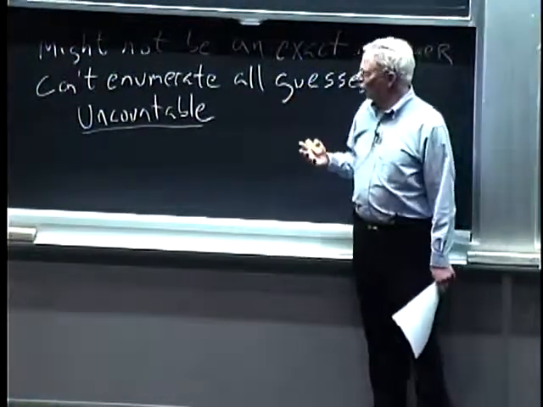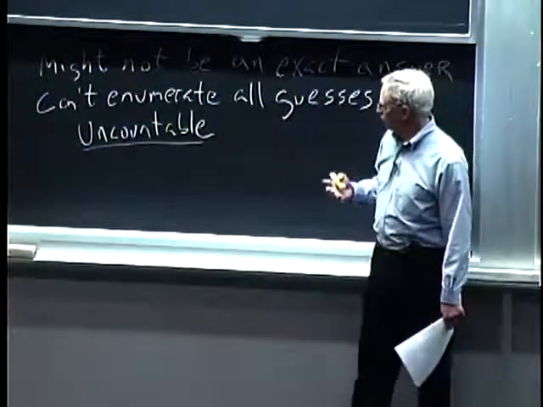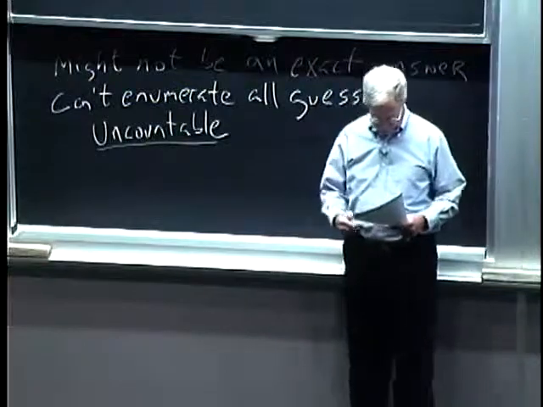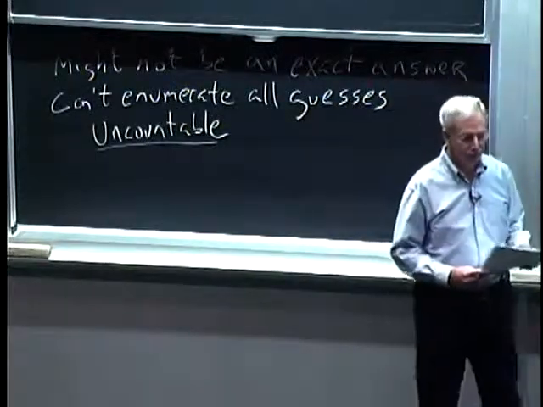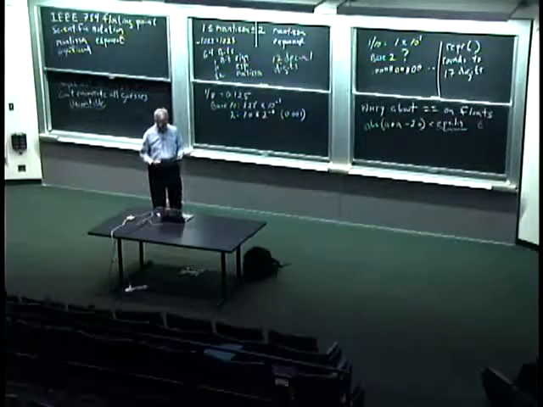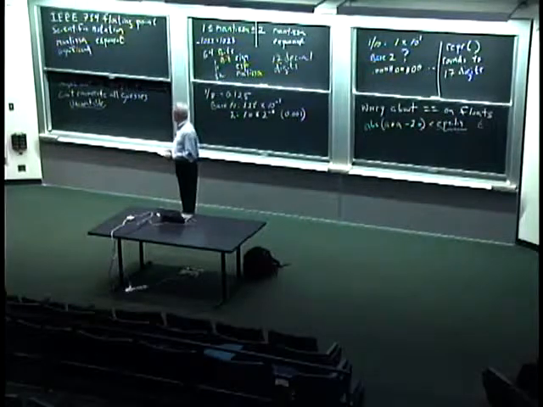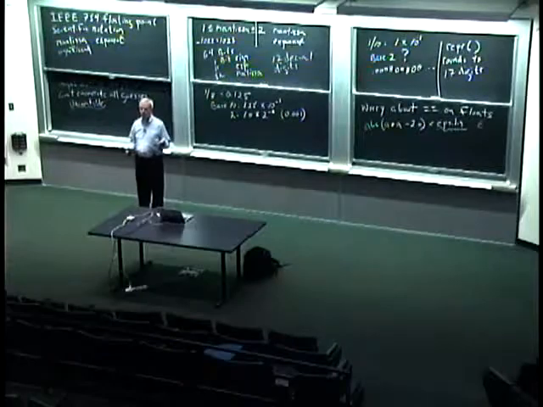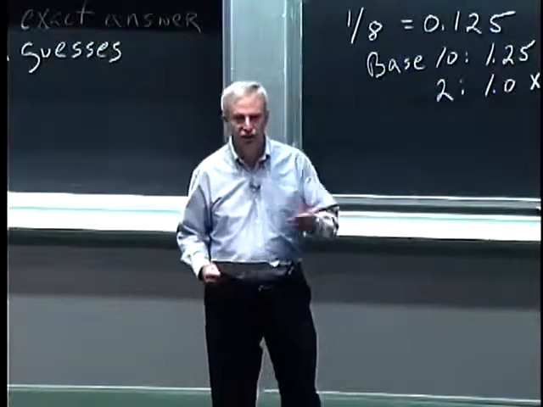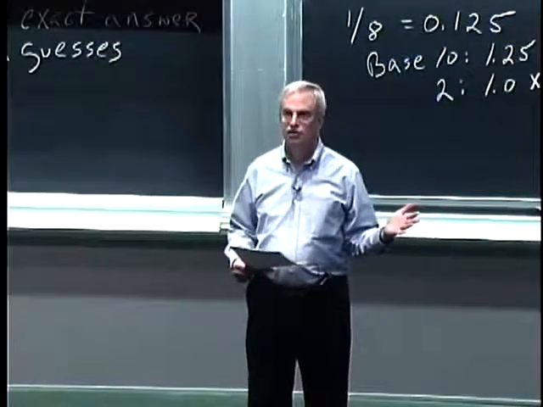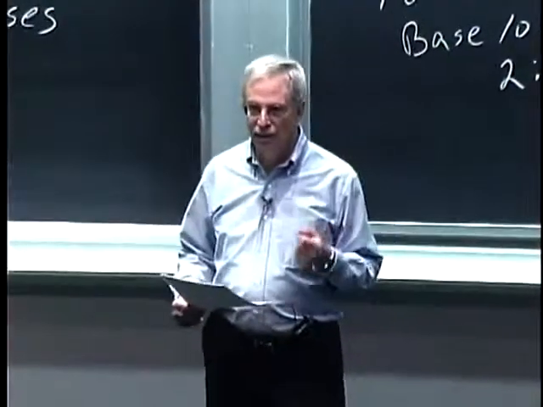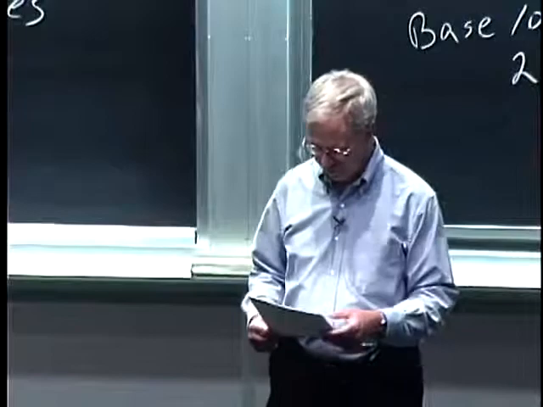And so we think of the floating points like the reals as being uncountable. So we can't do that. So we have to find something clever, because we're now searching a very large space of possible answers, what technically we might call a large state space.